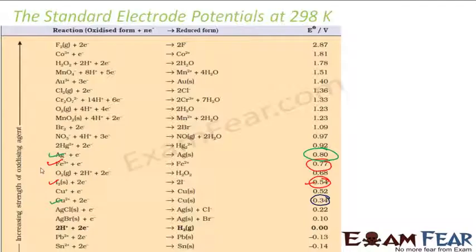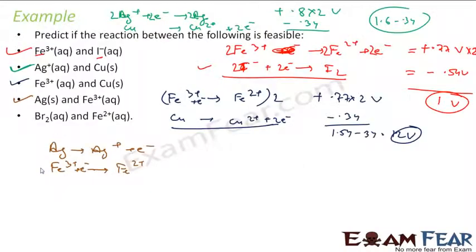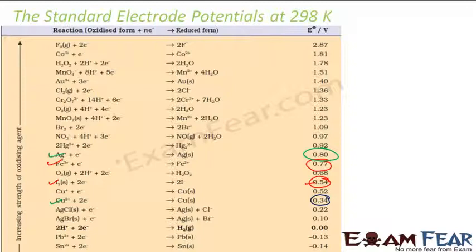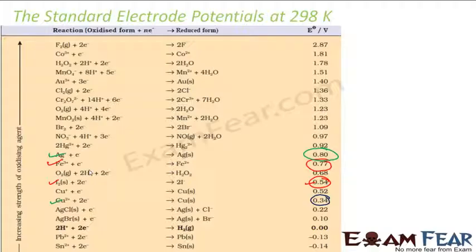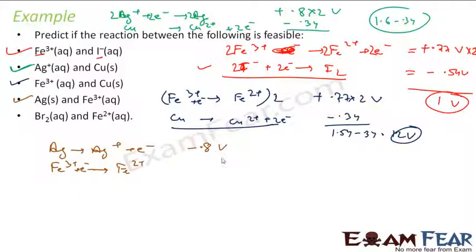Ag+ to Ag was 0.8, so from Ag to Ag+, oxidized, it will be minus 0.8 volt. Similarly, Fe3+ to Fe2+ got reduced, and that is 0.77, so it will be plus 0.77 volt. Because the electrons all cancel, you don't need to multiply. You find the total, it is minus 0.03 volt. So it is not feasible.